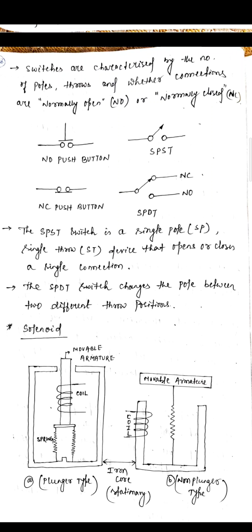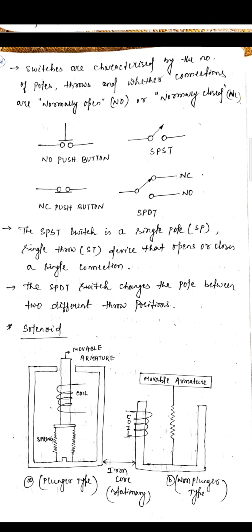The coil is wound on the movable armature in figure A, and in figure B the coil is wound on the left part of the iron core. The outside body is a stationary iron core, and the central part is the stationary type.